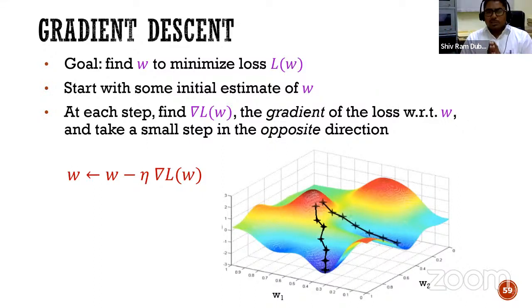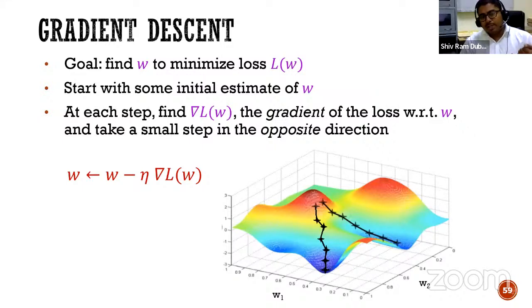Because suppose you have any function, and you compute the gradient with respect to any parameter. What information will it give us? It gives us the direction where the changes are happening mostly.